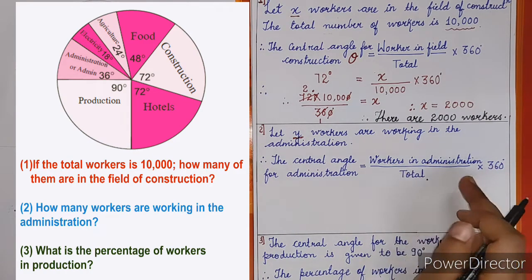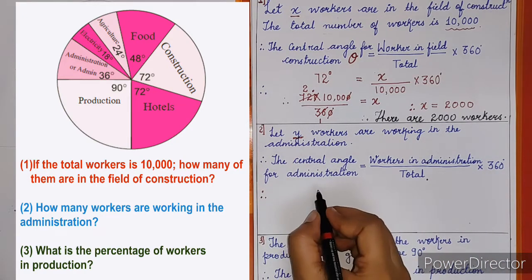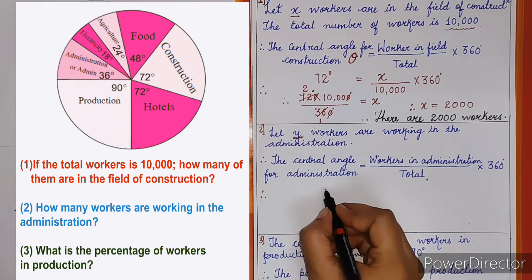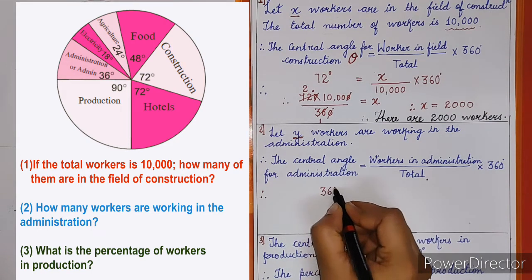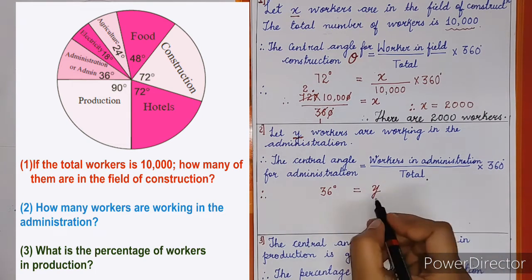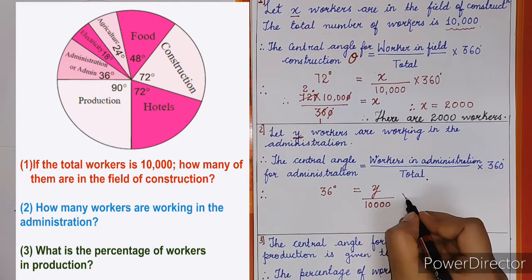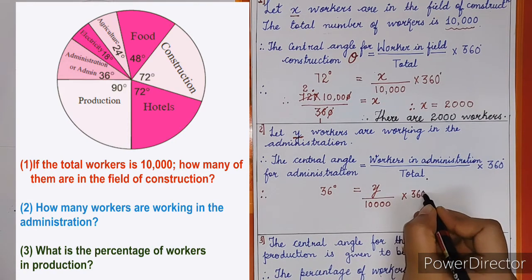We have changed the wording according to the question. As we have seen, the central angle corresponding to administration is 36 degrees. Workers we have considered as Y. Total number of workers is 10,000, into 360 degrees.